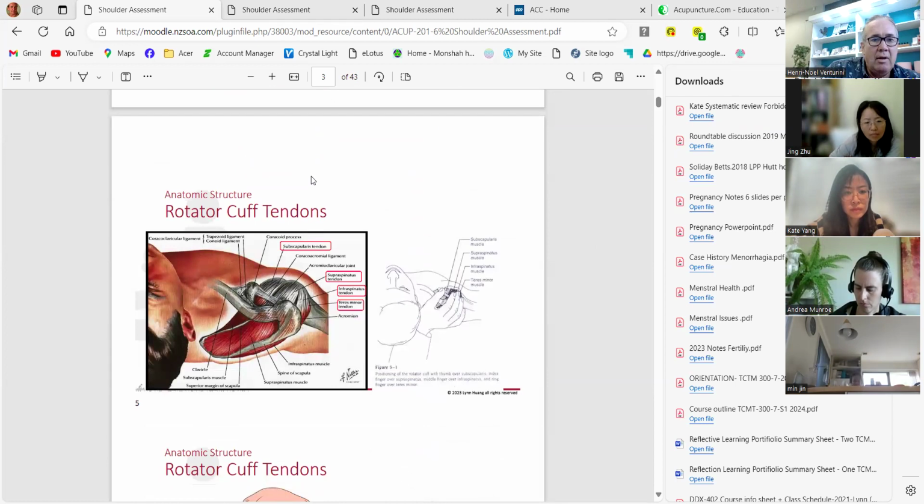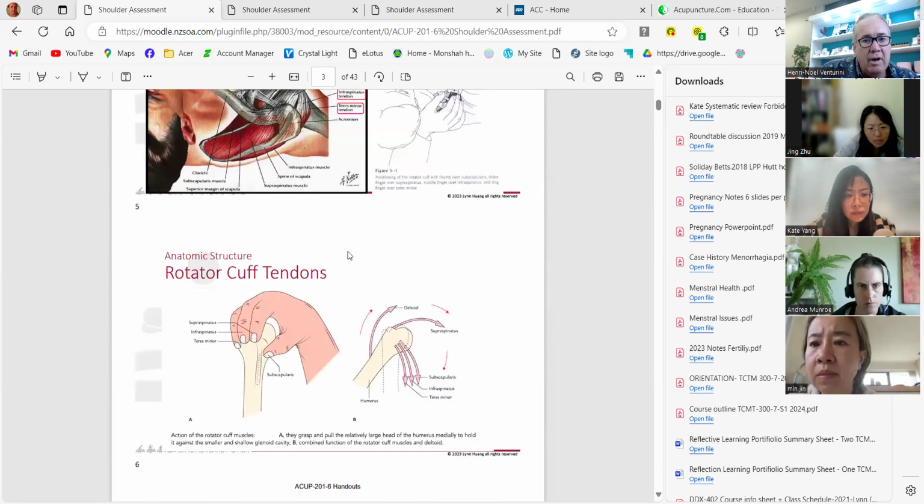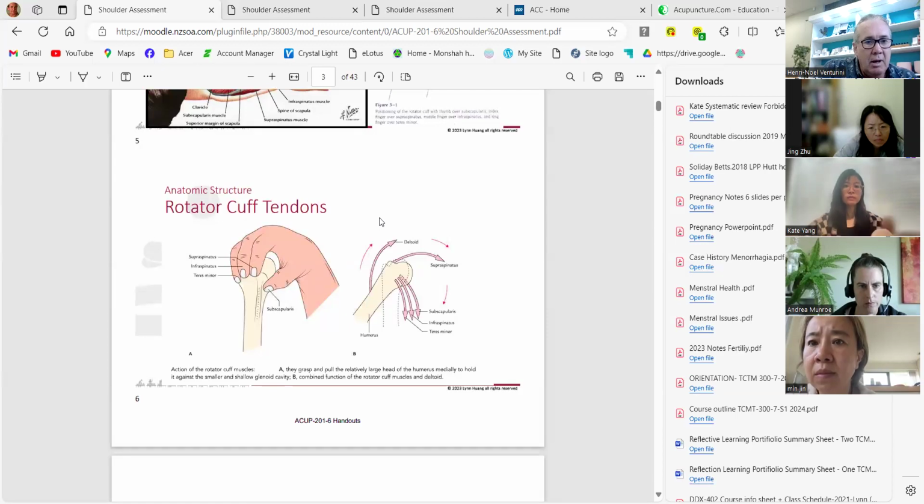Then we have another structure called the rotator cuff tendon, and that is at the superior aspect of the shoulder, and it connects to the clavicle and the whole rotator cuff. The rotator cuff tendon sort of holds the whole shoulder joint together, and it facilitates the movement.